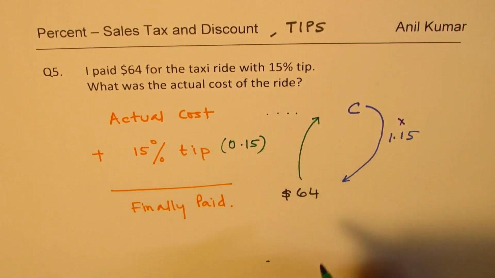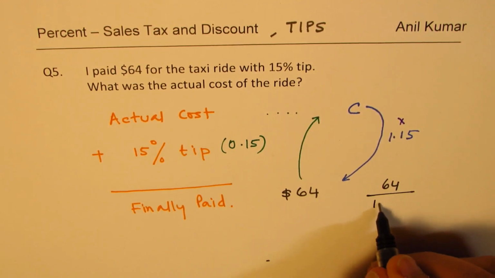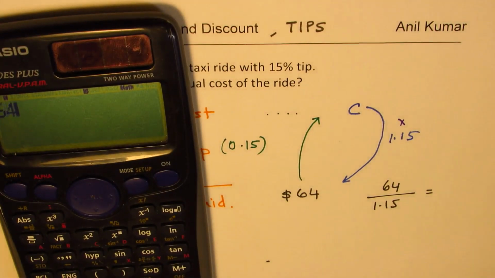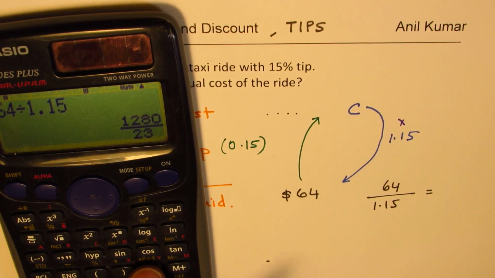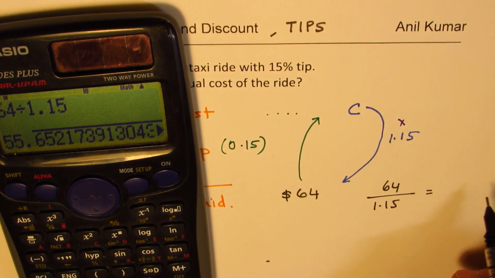So what we should do here is we should divide 64 by 1.15 to get our answer. So if I do that, what do I get? I get 64 divided by 1.15, and this gives me in decimals some weird answer, which is 55.65, right?